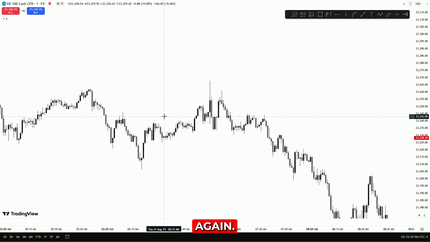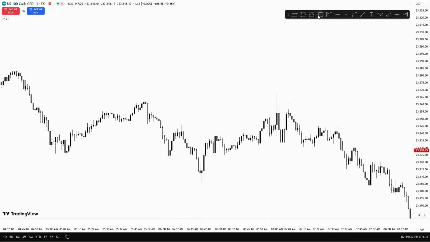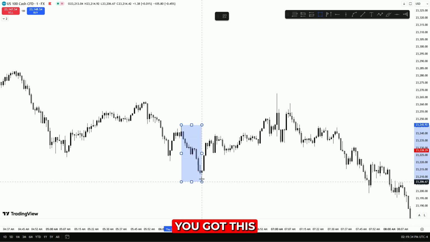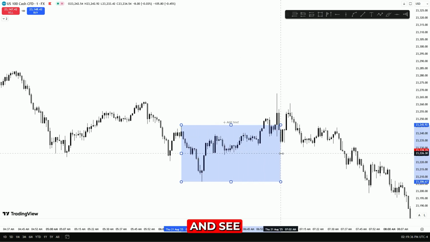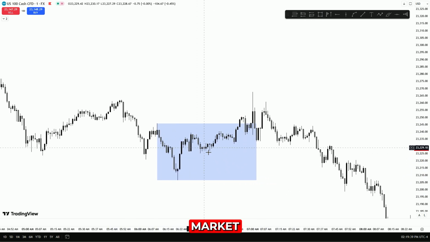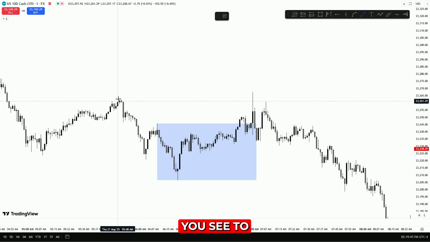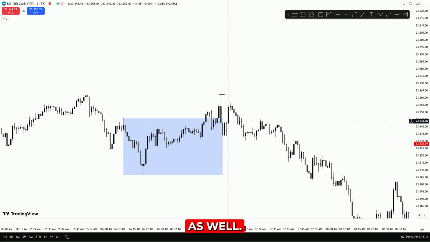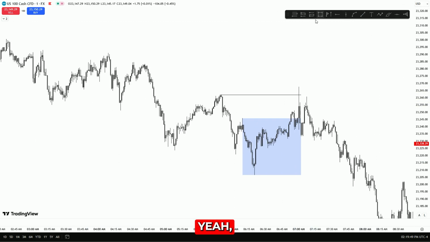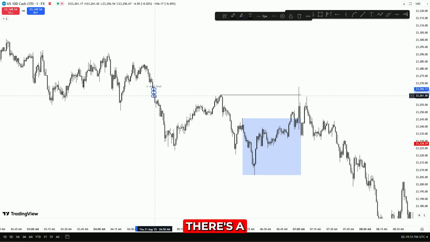Now here's the thing again. If you see, you got this high, you got this low, and see what happened. The market was moving in that same direction. You got the manipulation. All right, you took the buy side as well. Here you see you took the buy side as well, and then if I'm not wrong, yeah, this is a 1 minute time frame. So there's a 1 minute FVG.